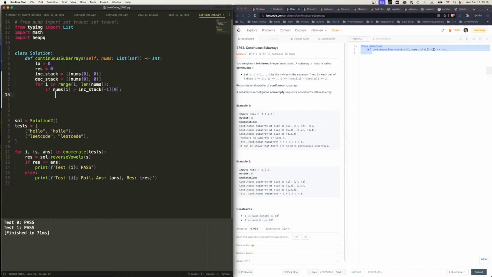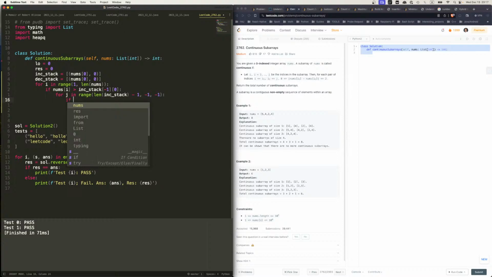If it's larger than that, then we need to walk back on the increasing stack to find which one is bad, right? So we just say for, okay, j in range, len increasing stack minus 1, minus 1, minus 1, right? So we say if increasing stack j 0, okay, actually it's not gonna be, it's gonna be nums, right?